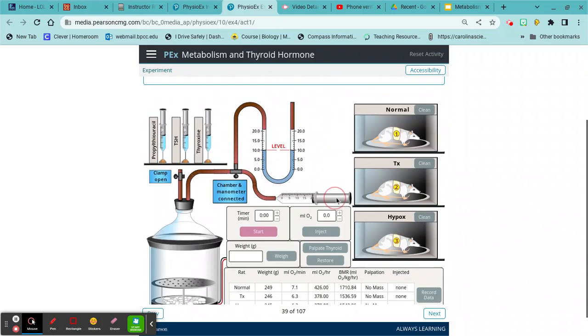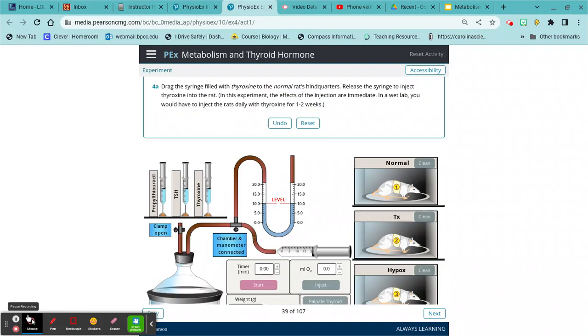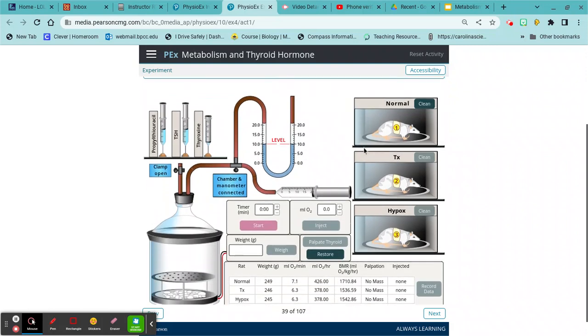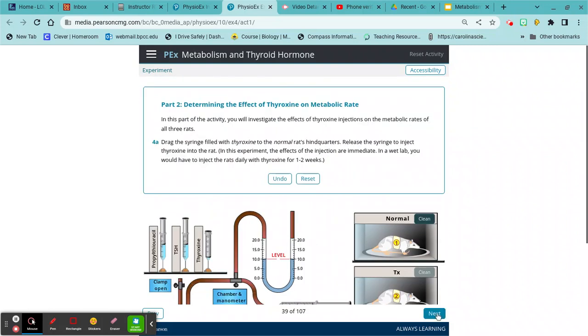Drag the syringe. Sorry, I'm up here. So I'm going to drag this syringe with thyroxine in it. Ooh, look at that. In the wet lab, you would have to inject the actual rat daily for like 2 weeks. So the real thing. All right, so we're going to push next.